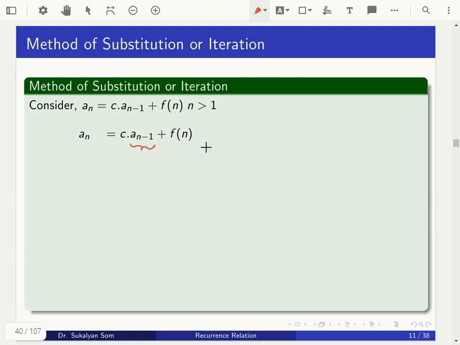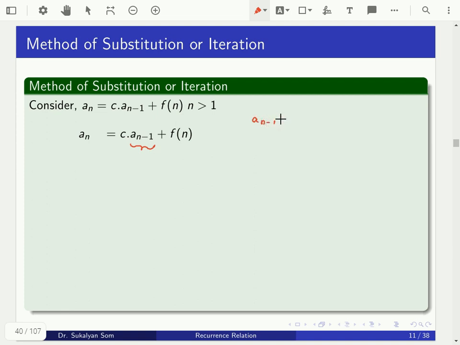Now, it can easily be observed that for the given recurrence relation, a_(n-1) is c times a_(n-2) plus f(n-1). How do we get this?